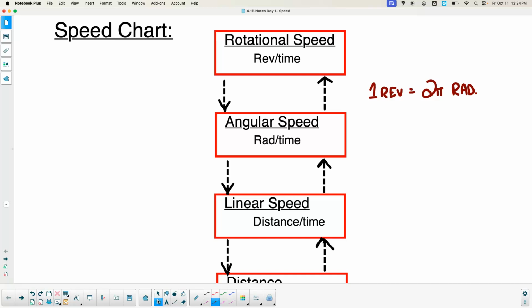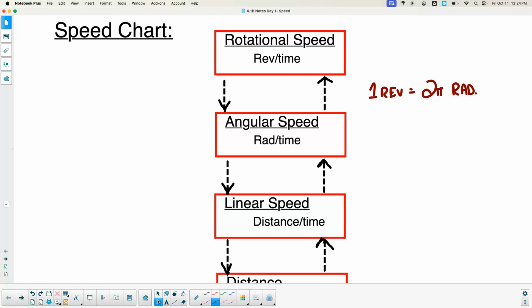If you are going from rotational to angular, then you would go 2 pi radians divided by 1 revolution. If you are going from angular to revolution, you would go 1 revolution divided by 2 pi radians. Okay? So there's that one.